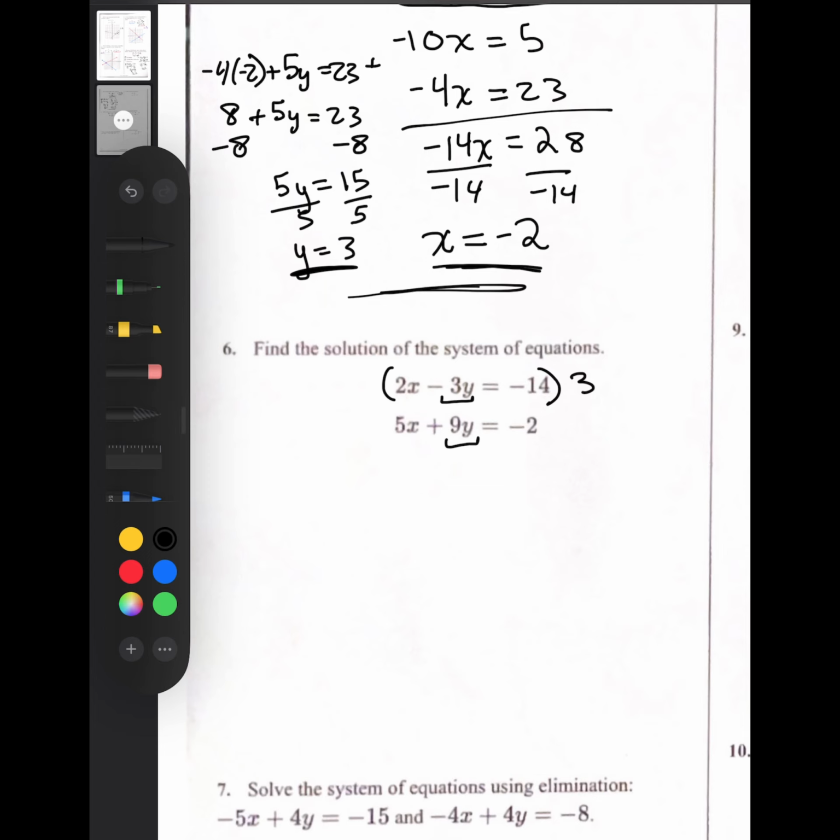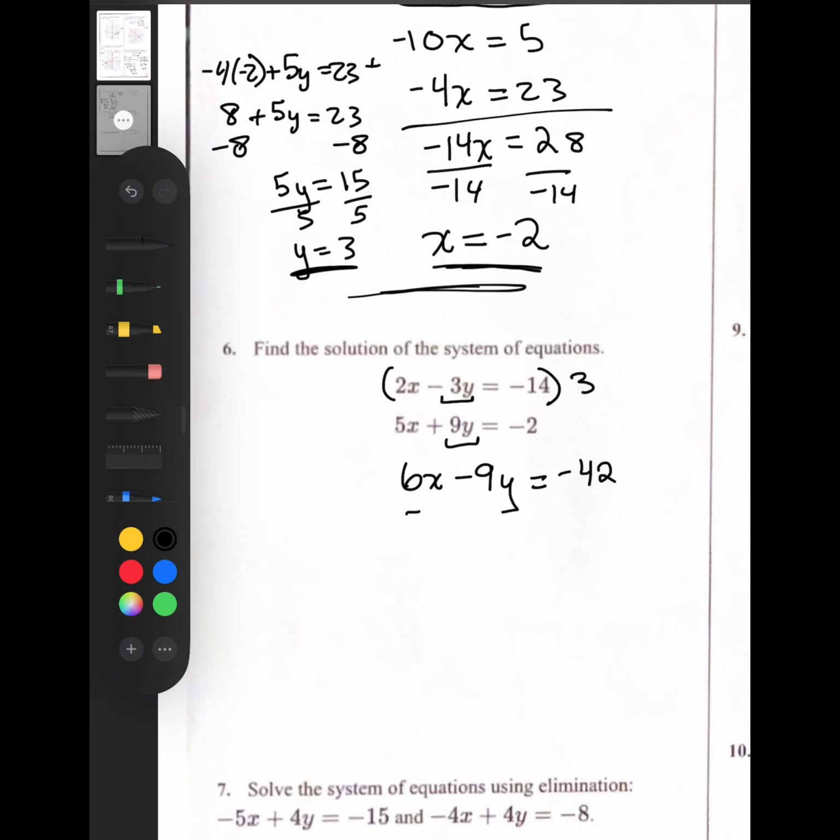So we're just going to move this down to here. So 2x. Nope. Gotta make sure we multiply that. Sorry about that. Okay, 2 times 3, 6x minus 9y equals, and that should get you -42.